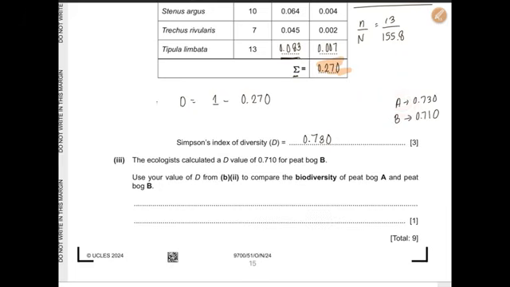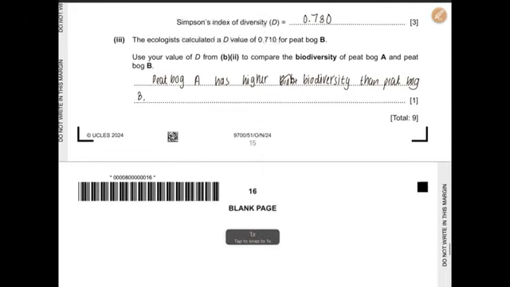Use your value of D for A and this one to compare the biodiversity of peat bog A and peat bog B. We can say peat bog A has more biodiversity because it has a greater value for Simpson's index. Okay, and that's it.